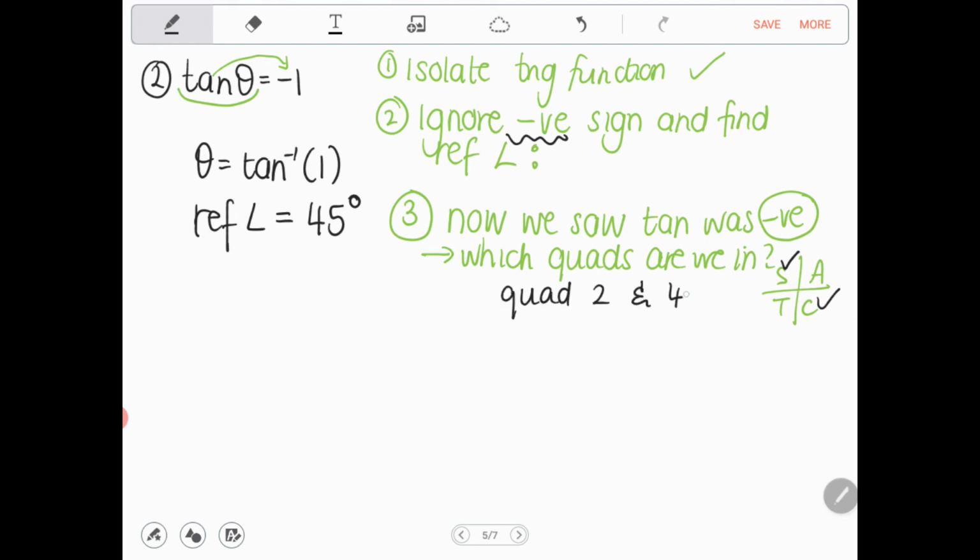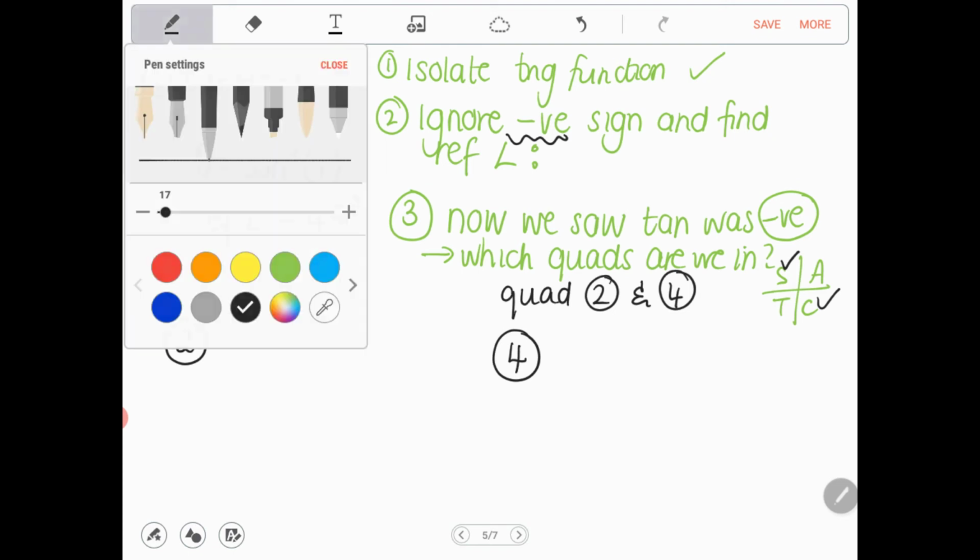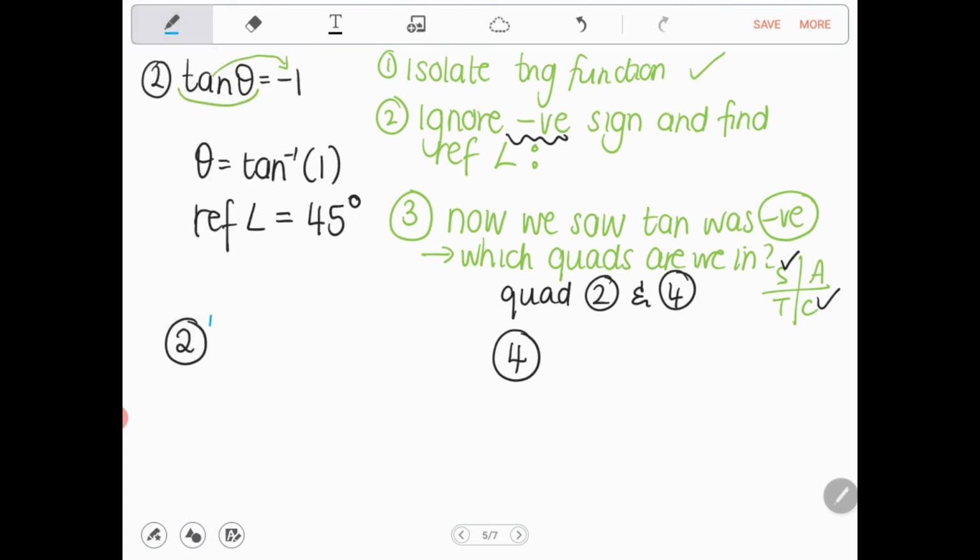Because that is where tan is negative. Quadrant 2 and 4. So we write here 2 and we write here 4. And then we think about what is on our CAST diagram in quadrant 2. So quadrant 2 is 180 minus. Quadrant 4 is 360 plus. Oh, sorry, not 360 plus. 360 minus is in the fourth quadrant. And your reference angle. Okay, so these are our general solutions.